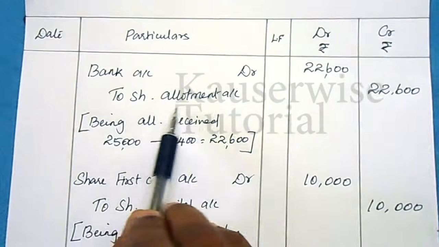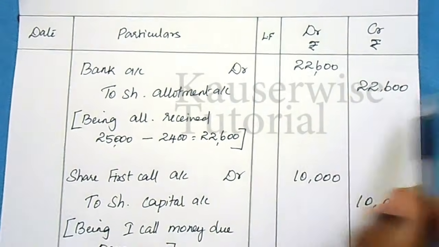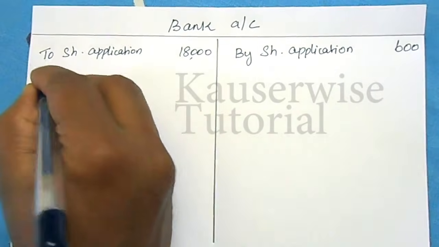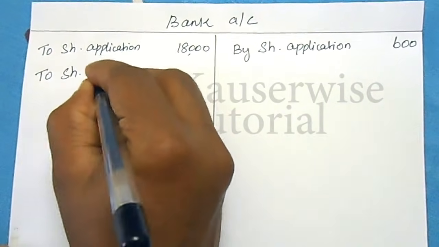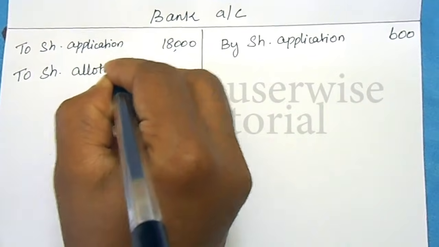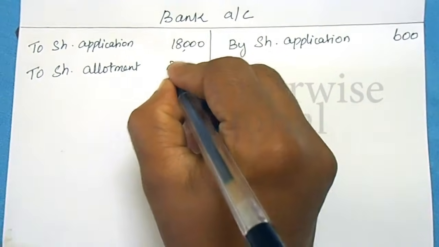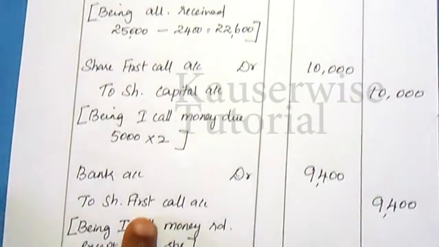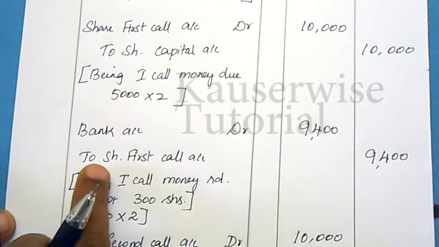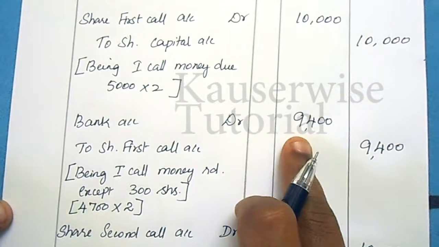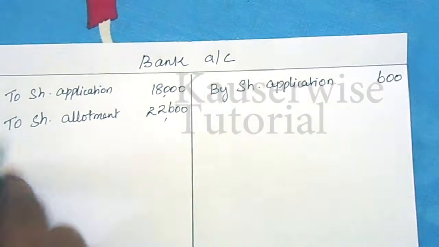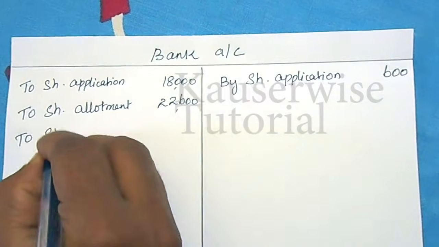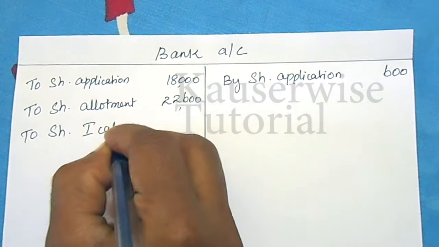Next, allotment money received. Bank account debit to share allotment, 22,600. Next, the first call money received entry. Bank account debit to share first call, 9,400.